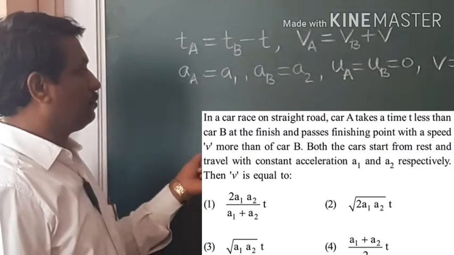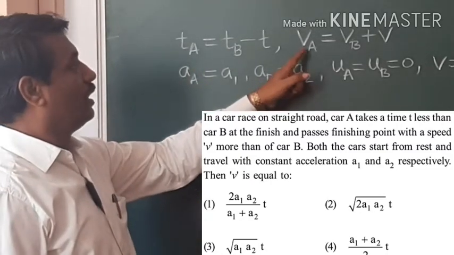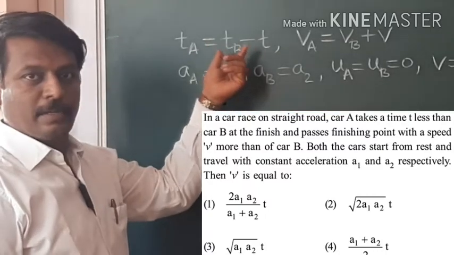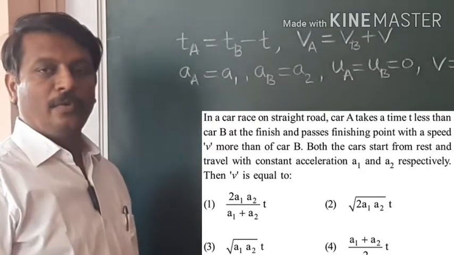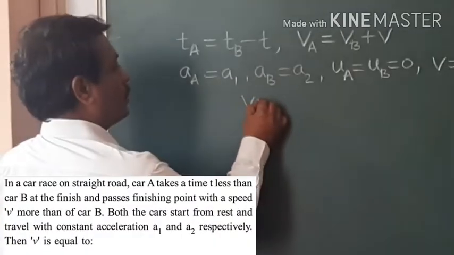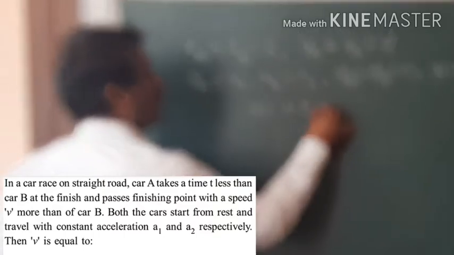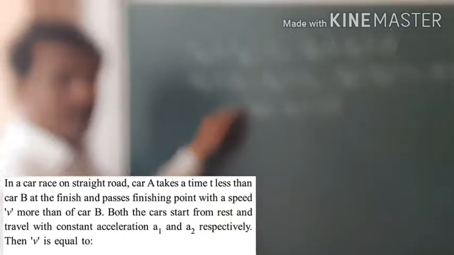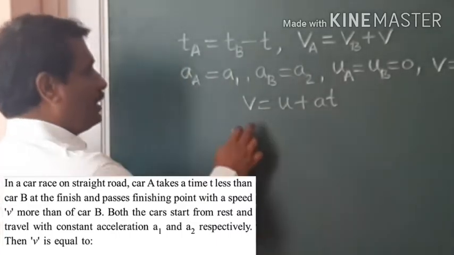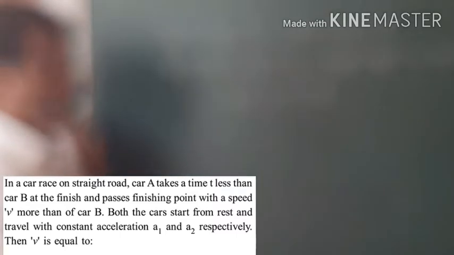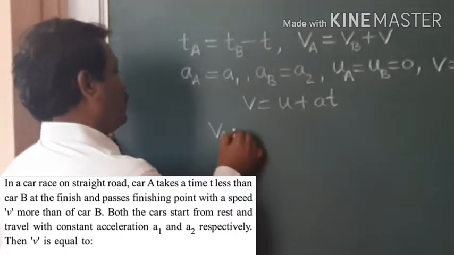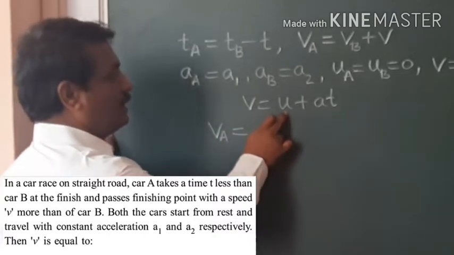Here final velocity is given, initial velocity is given, accelerations are given, time is given. So what is the equation connecting v, u, a and t? It is v is equal to u plus at. We apply this formula to both car A and car B. First let us apply this formula to car A. For car A we can write VA is equal to u, the initial speed.